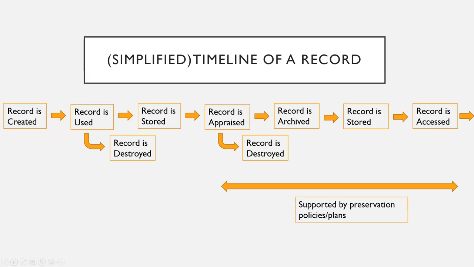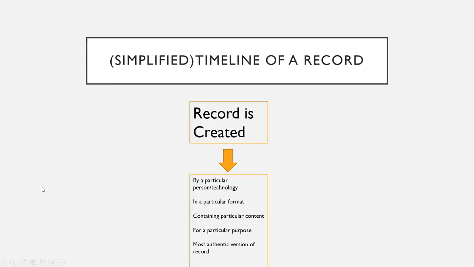So let's just go through these stages kind of one by one. So we have our first stage here where the record is created. So records are created by a particular person or by a particular technology. So it may be created by a particular piece of software.